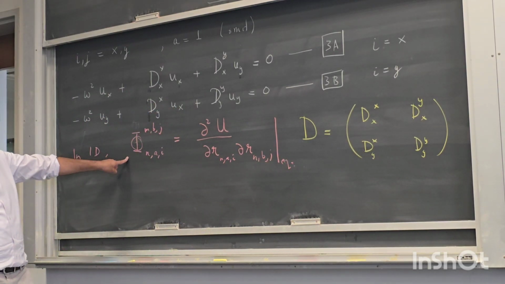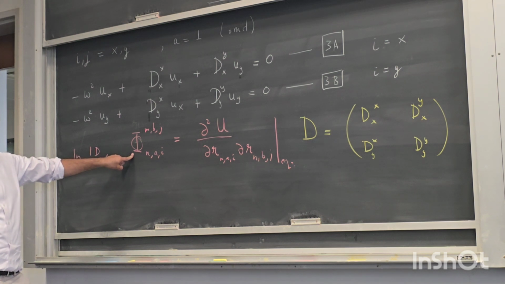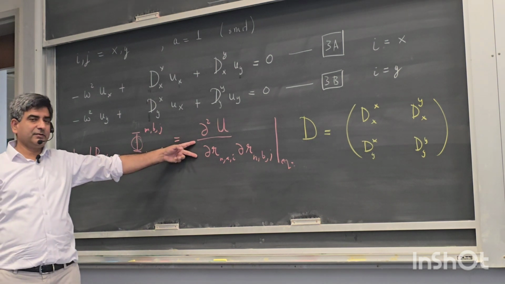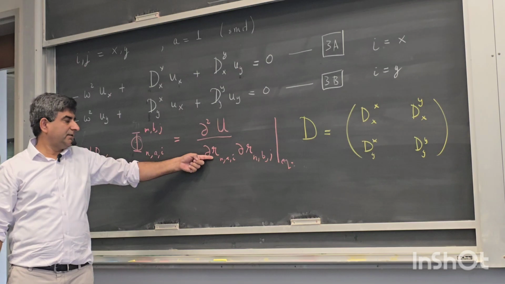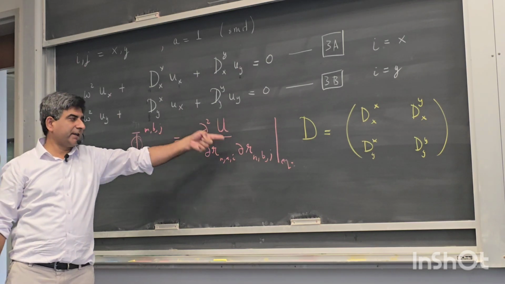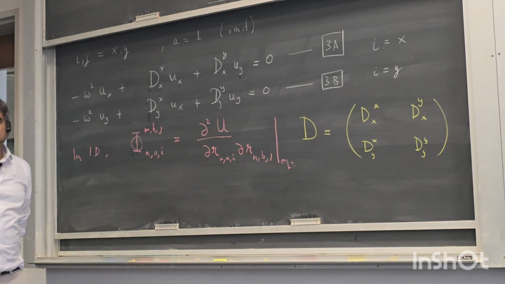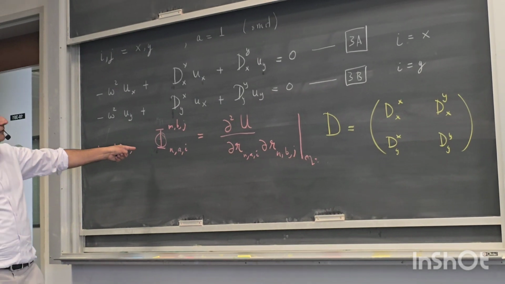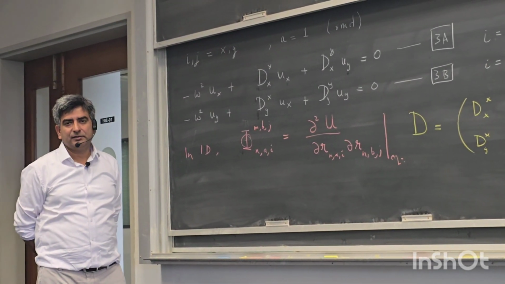So this is how we've defined phi in 1D. And this is a force constant. The gradient of energy is a force, and you take the gradient once again, it's a force constant. So this is how phi was defined in 1D.